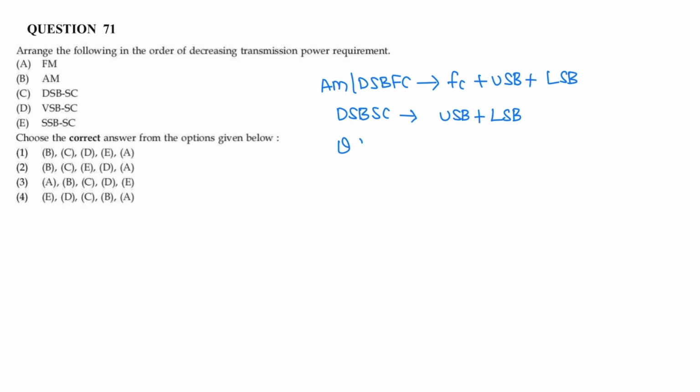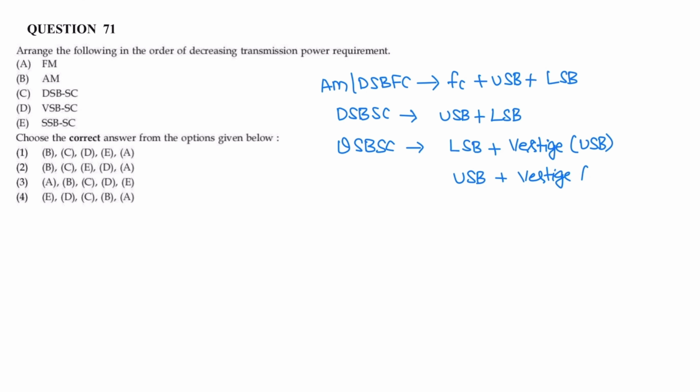Next, VSB SC, vestigial sideband suppressed carrier modulation, consists of lower sideband LSB plus a vestige of upper sideband, or otherwise upper sideband plus a vestige of lower sideband.